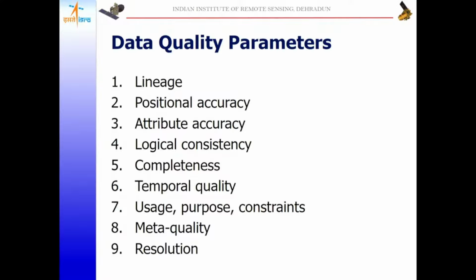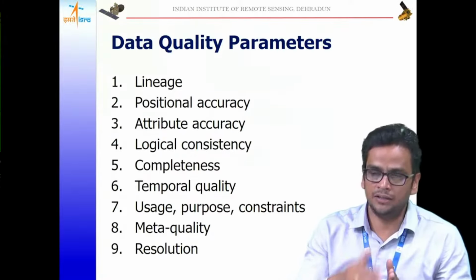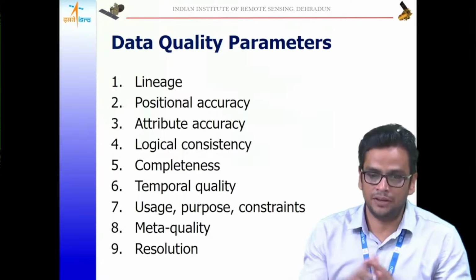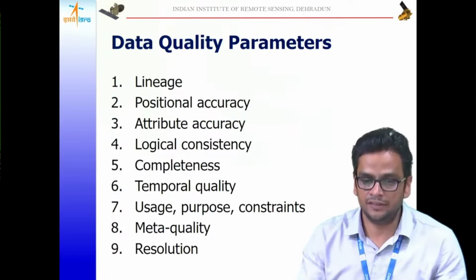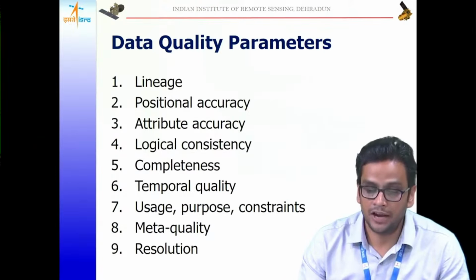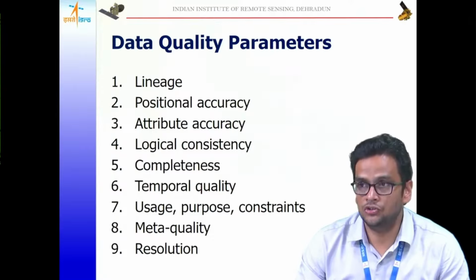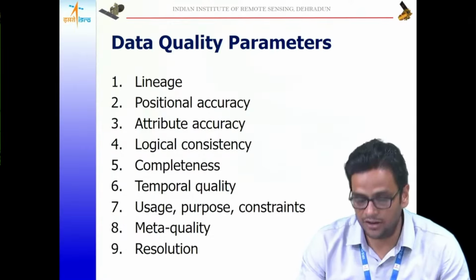So it has evolved over time. First is the lineage, then positional accuracy, attribute accuracy, logical consistency, completeness, temporal usage, meta quality, and the resolutions. On these points we consider the data quality.